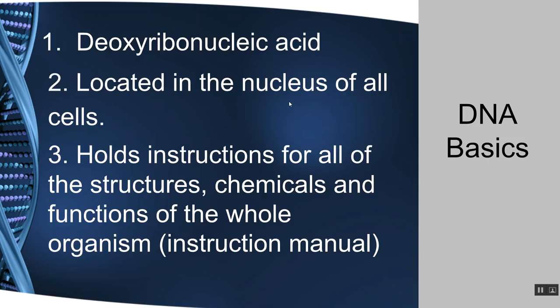It is located in the nucleus of pretty much all cells, and its job is it holds instructions for all of the structures, all the chemicals, all the functions of the whole organism. It is your instruction manual. Everything your body makes, does, has, comes from these DNA instructions. So they're very, very important.